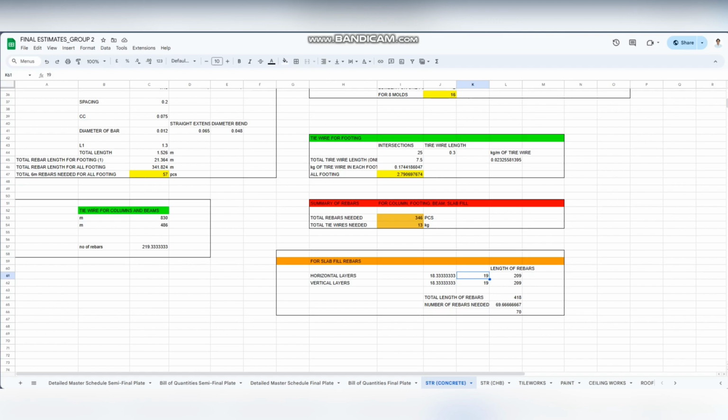Then same for the vertical, we multiply 19 by 11, which is the meters, horizontal distance and the vertical distance. So we had here the total length of rebars, then we divided by 6. So we need approximately 70 pieces of rebar for the slab fill rebars.